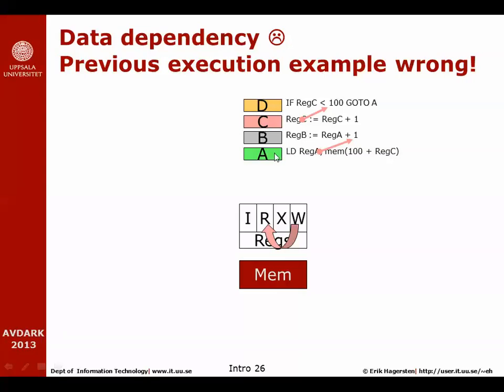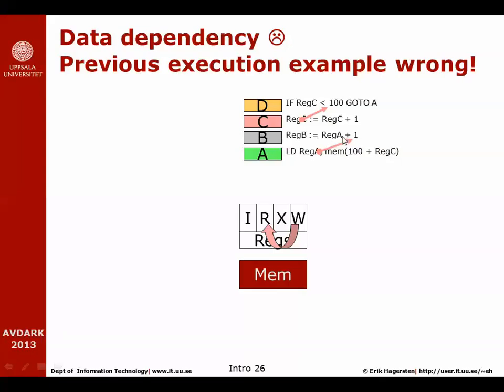So what happened here was that we had 2 data dependencies. The result of the green instruction was actually used immediately by the gray instruction. So from register A to register A, and from register C to register C. So here's another data dependence between the pink and the brown instruction.